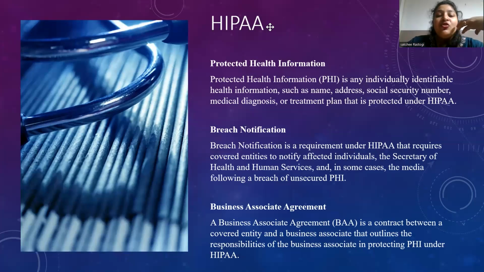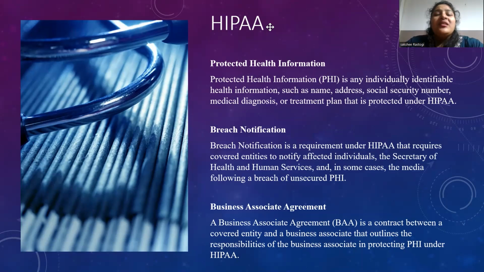The BAA ensures that the business associate implements appropriate administrative, technical, and physical safeguards to protect PHI, and only uses and discloses PHI as permitted by the agreement and applicable laws.